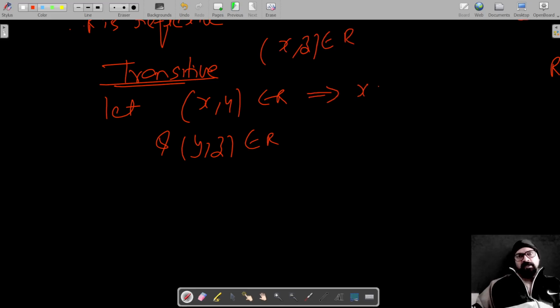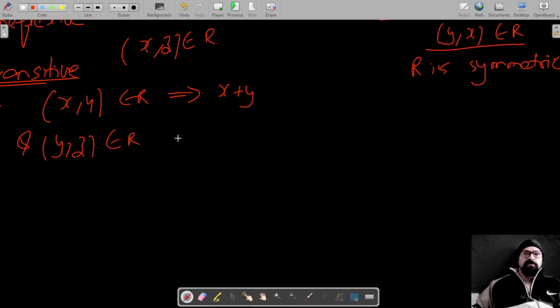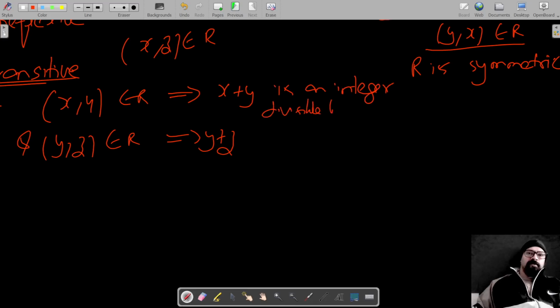So this gives that x plus y is an integer divisible by 2, and this gives us y plus z is also an integer divisible by 2.